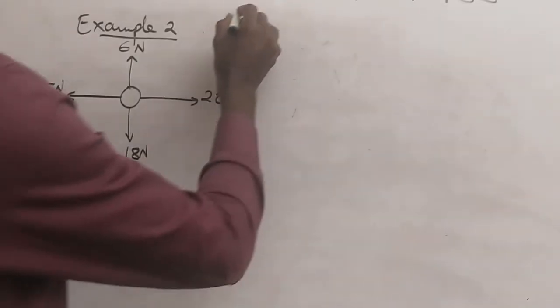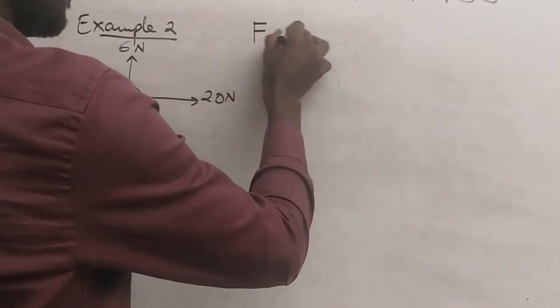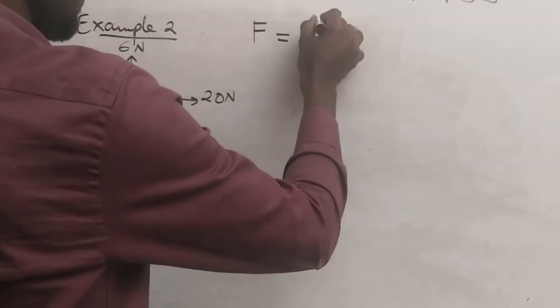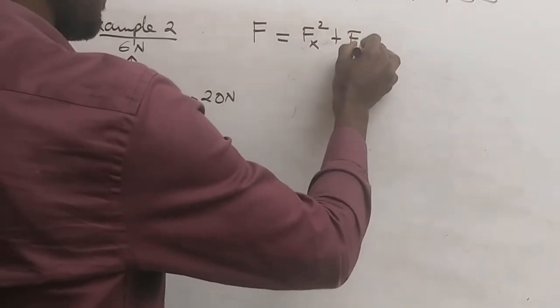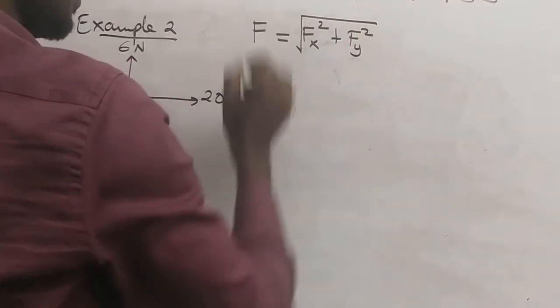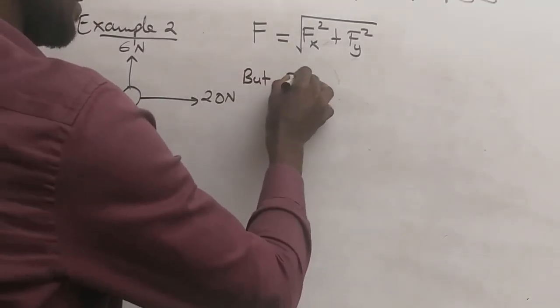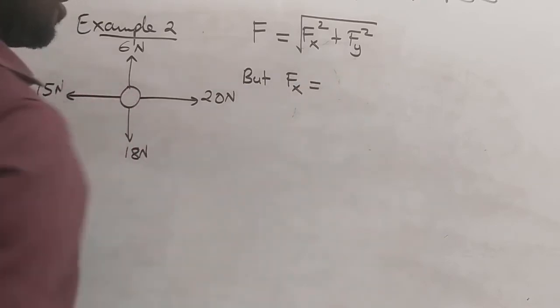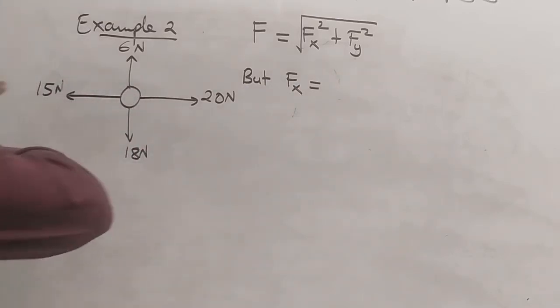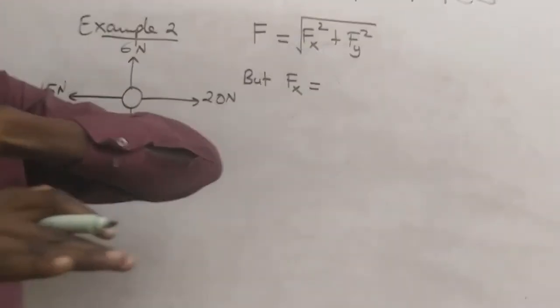So how do you get the resultant force acting on the body? Remember we said once you realize that they're acting perpendicular, you're going to use that formula, that the resultant force is going to be Fx squared plus Fy squared, the whole thing under root. But what is Fx? What is the resultant in the horizontal, in the x direction?